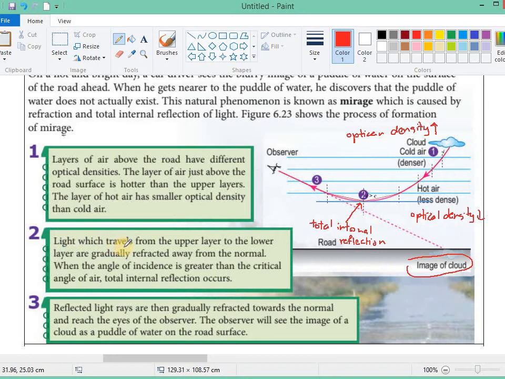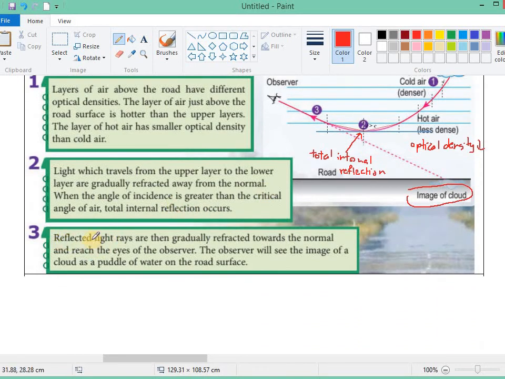Light which travels from the upper layer to the lower layer is gradually refracted away from the normal. When the angle of incidence is greater than the critical angle of air, total internal reflection occurs. Reflected light rays are then gradually refracted towards the normal and reach the eye of the observer. The observer will see the image of a cloud as a puddle of water on the road surface.